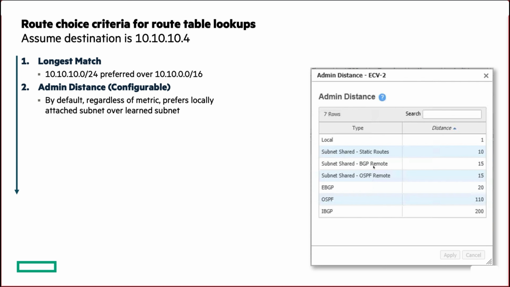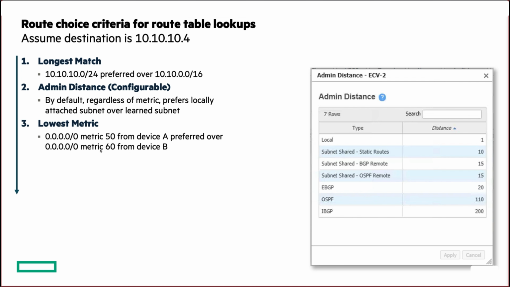Was it learned originally from BGP but now redistributed via subnet sharing? So the lower administrative distance is going to be more preferred. If the two routes are the same prefix and they were learned via the same source, then we'll look at the metric. The lower metric is preferred.